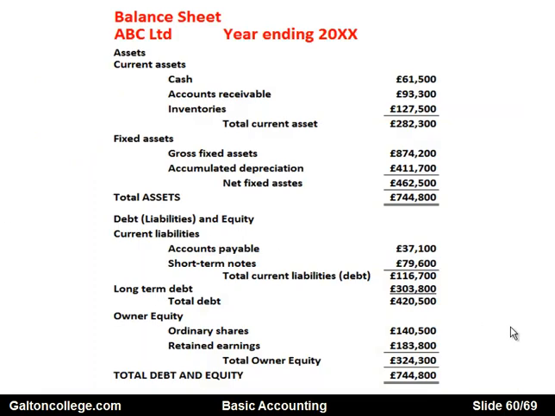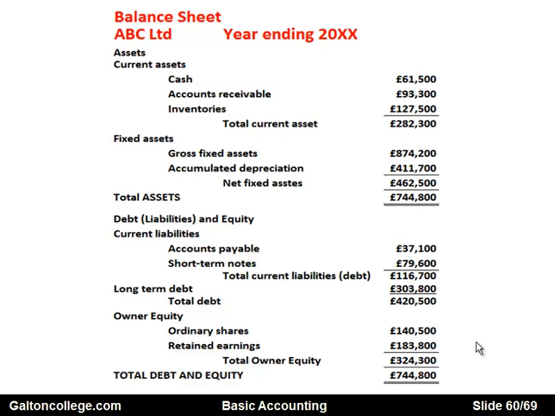Now the equity of the business, well, ordinary shares, that's what's owed to the people who invested in the business, 140,500. Retained earnings, this is the equity of the business. This is money kept that hasn't been paid out in profits or spent.